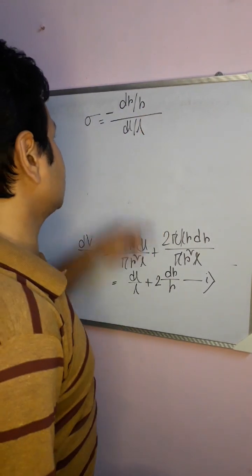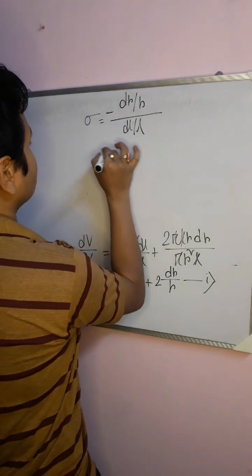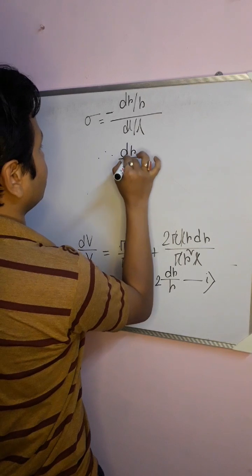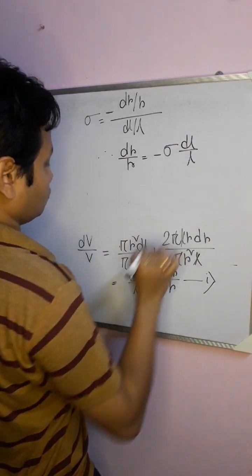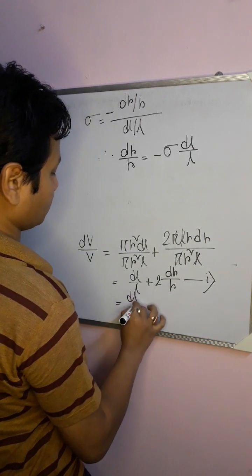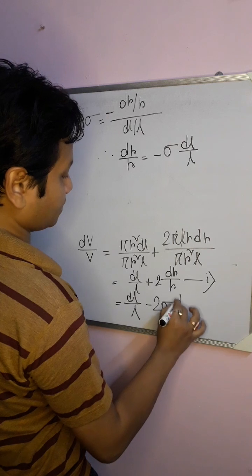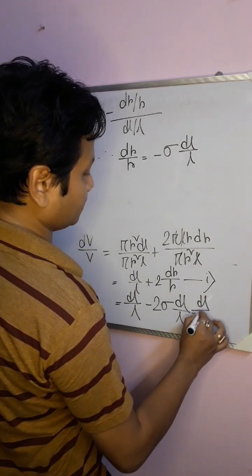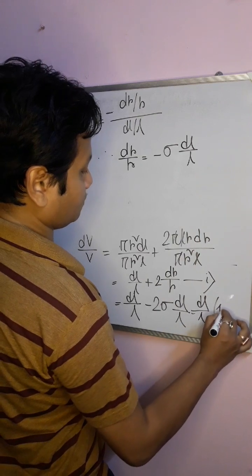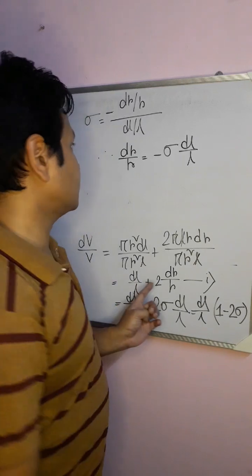From which we can write dr by r is equal to minus sigma dl by L. If we substitute this value of dr by r, we get minus 2 sigma dl by L. If we take dl by L common, it will be 1 minus 2 sigma.